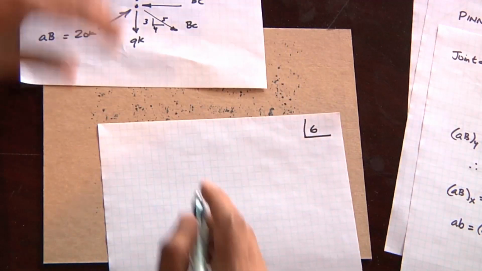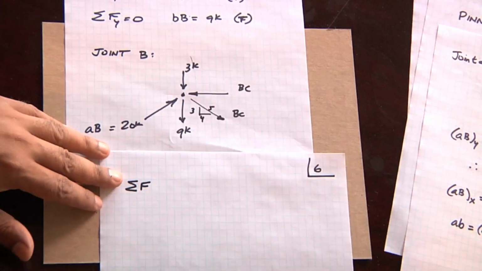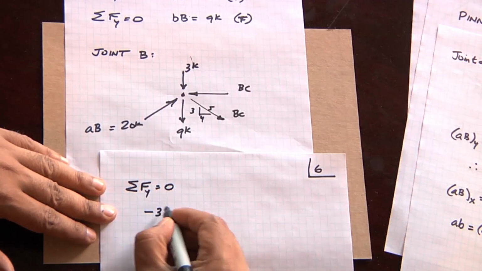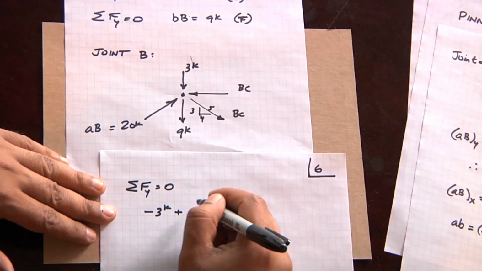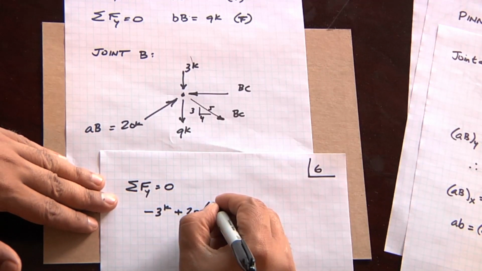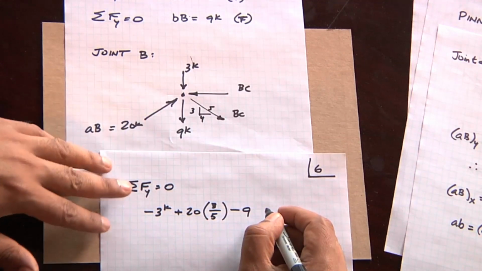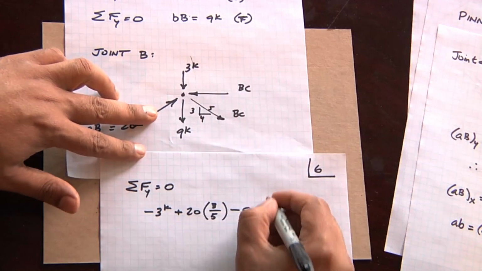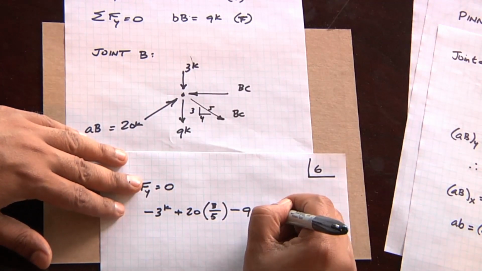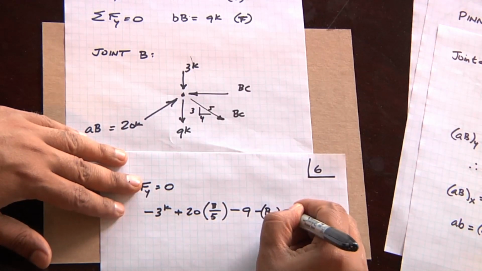And so if we sum the forces in the y direction, we will have minus 3 plus 20 times 3/5 minus 9, and then minus lowercase bc, y component, equal to 0.